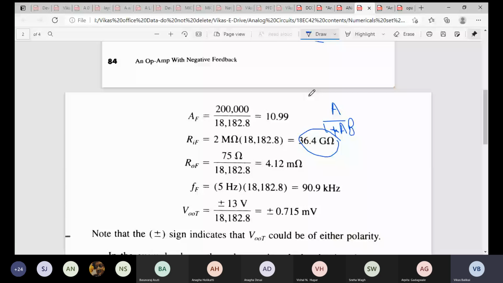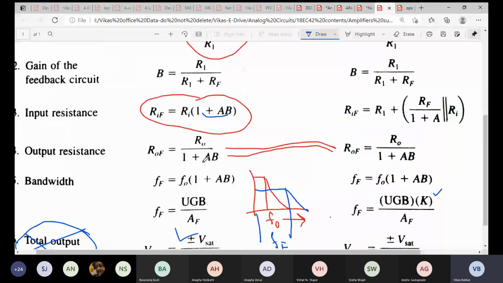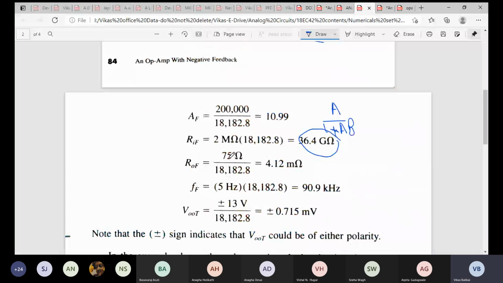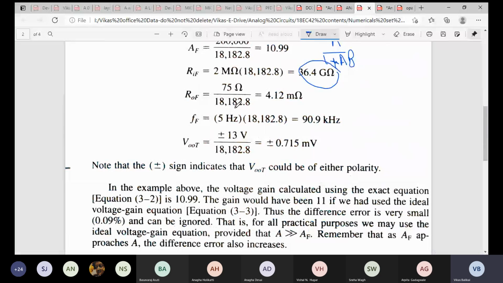Finally, what is ROF? The ROF equation we just wrote over here is RO divided by 1 plus A beta. So RO, what has he given? He has given RO as 75 ohm, which is over here, and 1 plus A beta you already calculated. So that's the reason I am asking you repeatedly to keep the value of 1 plus A beta always handy. And if I do this simplification, I'm going to get the value as 4.12 milli ohm. And can you just see the difference?